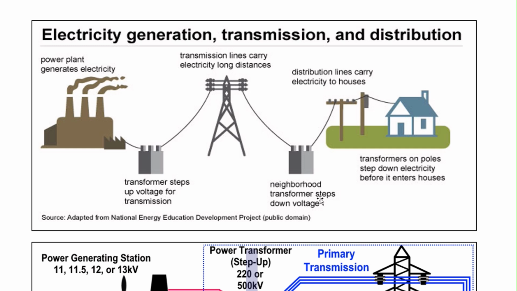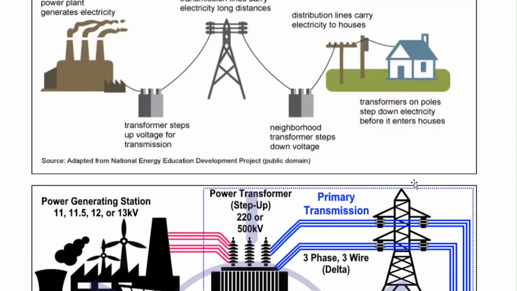So again, before it reaches the household supply, the transmitted voltage is very high, so it has to be brought to a usable level. That is why it is stepped down with the help of a transformer again, and then it is distributed to the industries or domestic level.